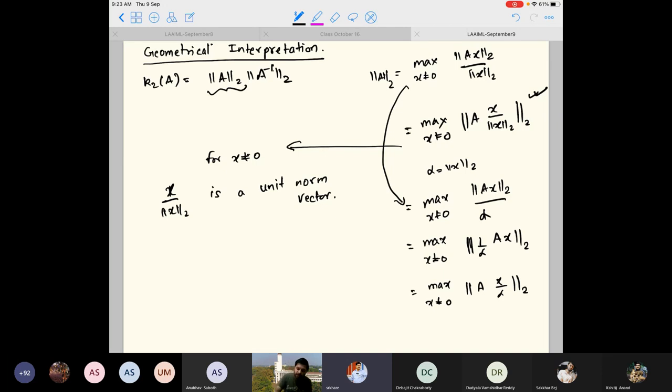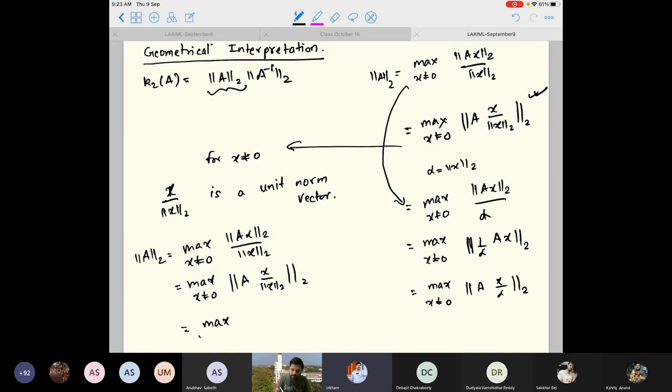So the 2 norm of A, which is nothing but the maximum over X not equal to 0 of norm of Ax by norm of X, I can write as the maximum over X not equal to 0 of the norm of A times X by 2 norm of X, which is the same as the maximum over norm of y equal to 1 of norm of Ay.